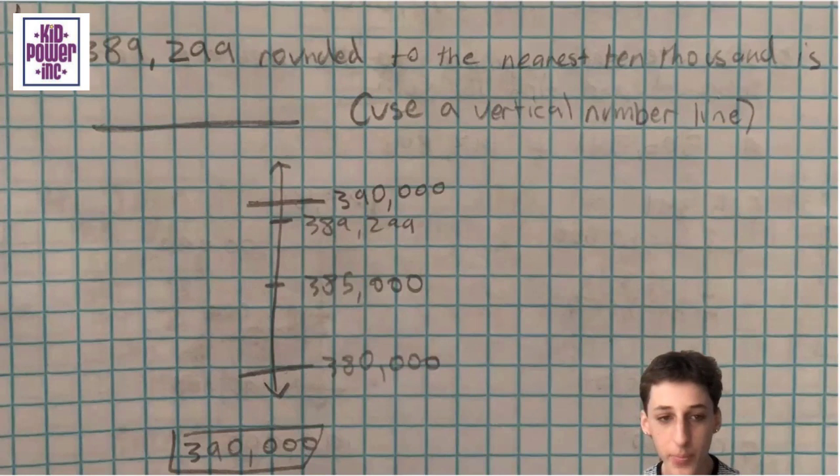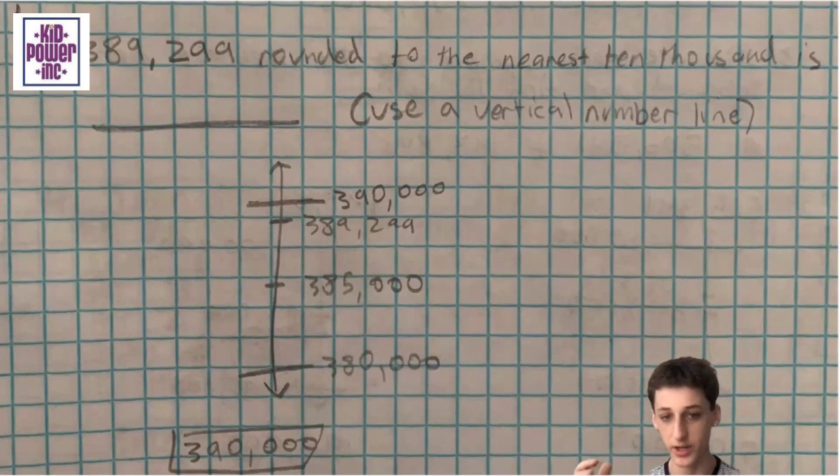So how I did this with the vertical number line is I created the number line, and since we're rounding to the nearest 10,000, I knew that 389,299 was in between 390,000 and 380,000. So I constructed a vertical number line.